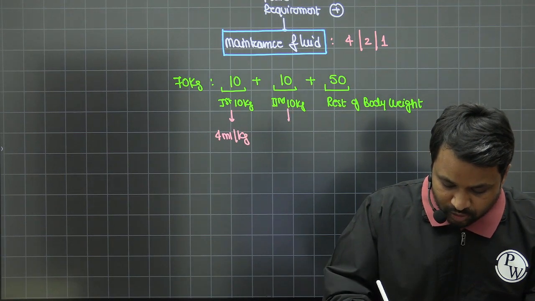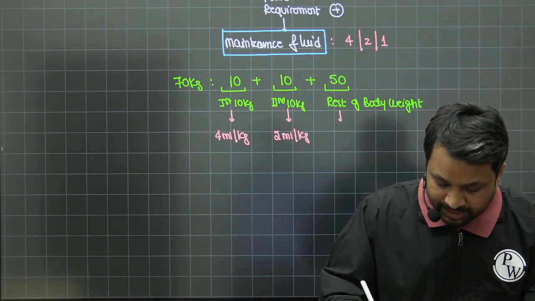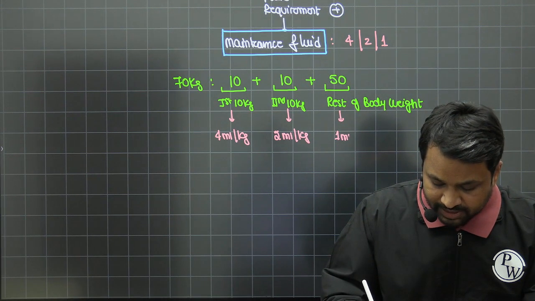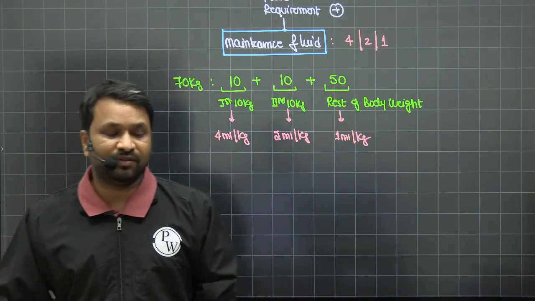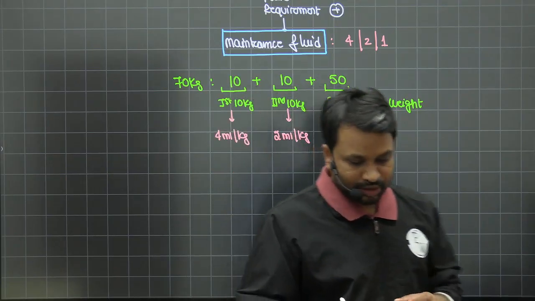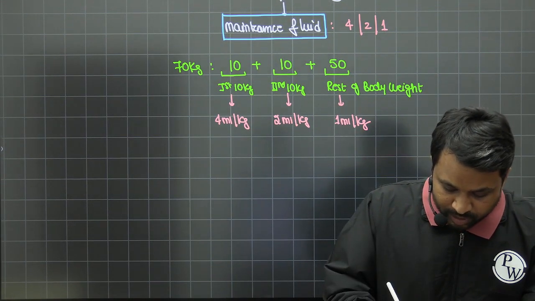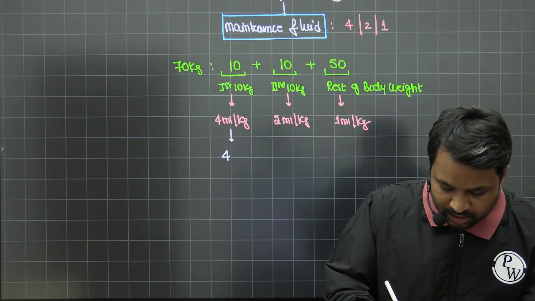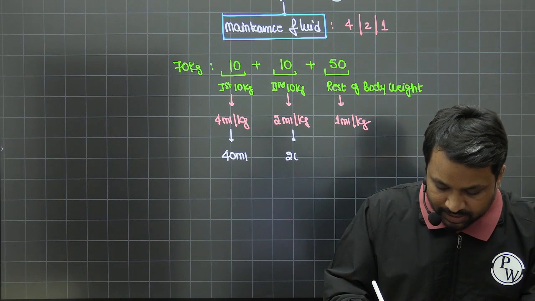The second 10 kilograms should be given as 2 ml per kg. And the rest of the body weight should be given at 1 ml per kg. Right? So when you look at this, 4 ml per kg for the first 10 kilograms will come as 40 ml. 2 ml per kg for the second 10 kilograms will come as 20 ml.